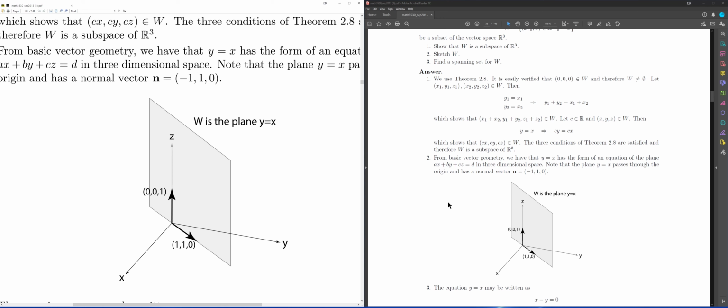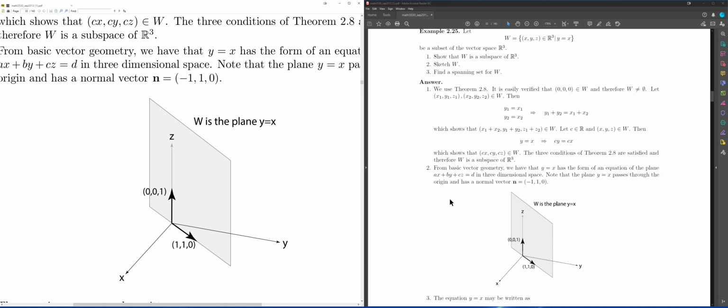Is this a point? Is this a line? Is this a plane? Or is this R3 itself? So at least we know it's going to be one of those four. But we could also use the fact that this is y is equal to x. If we remember, the equation of a plane in three-dimensional space is ax plus by plus cz is equal to d.